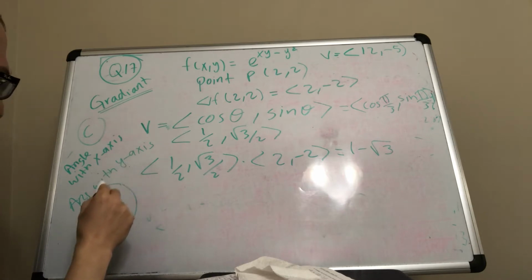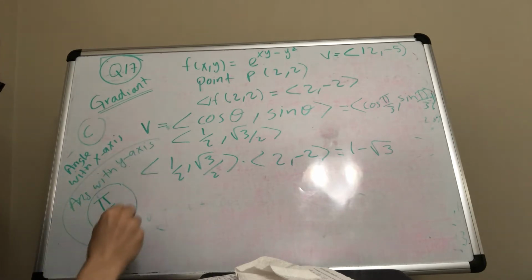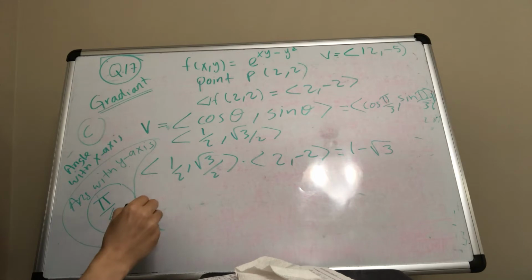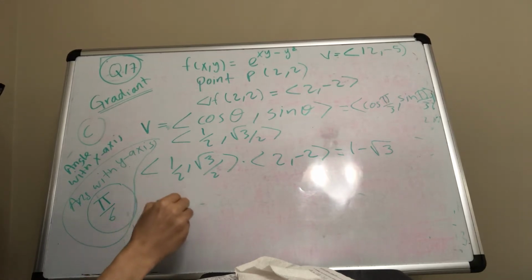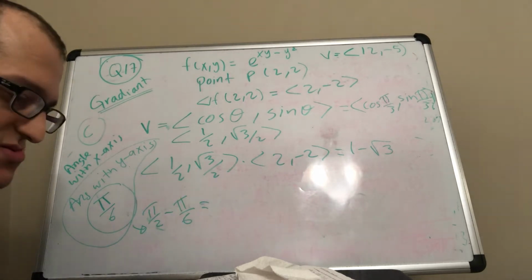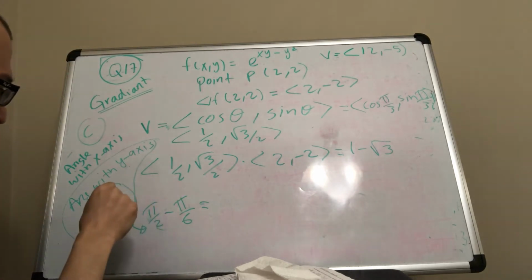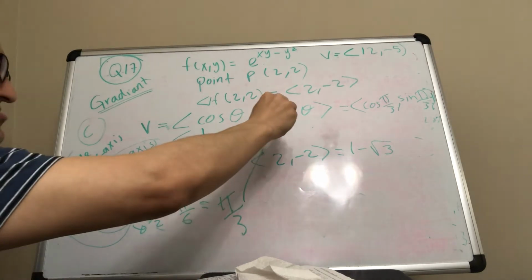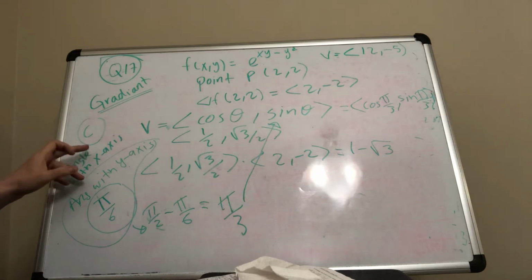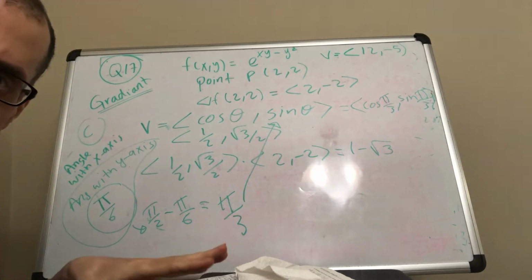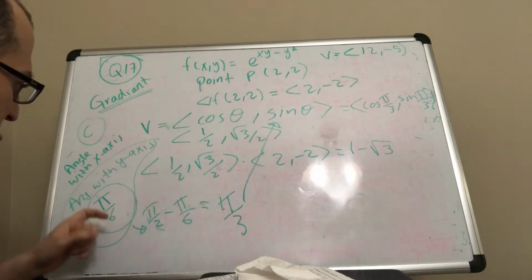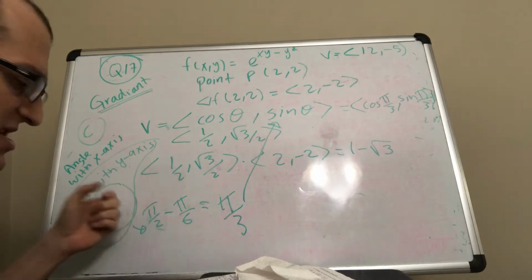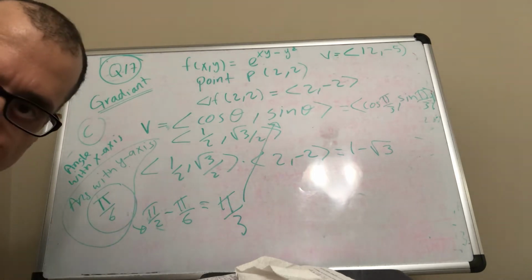If they ask you for with the y-axis, you take pi over 2 minus the given angle, and this is the one you plug into this. So if it's with the x-axis, you take the angle itself. If it's y-axis, you take pi over 2 minus angle, and then you do it. Okay?